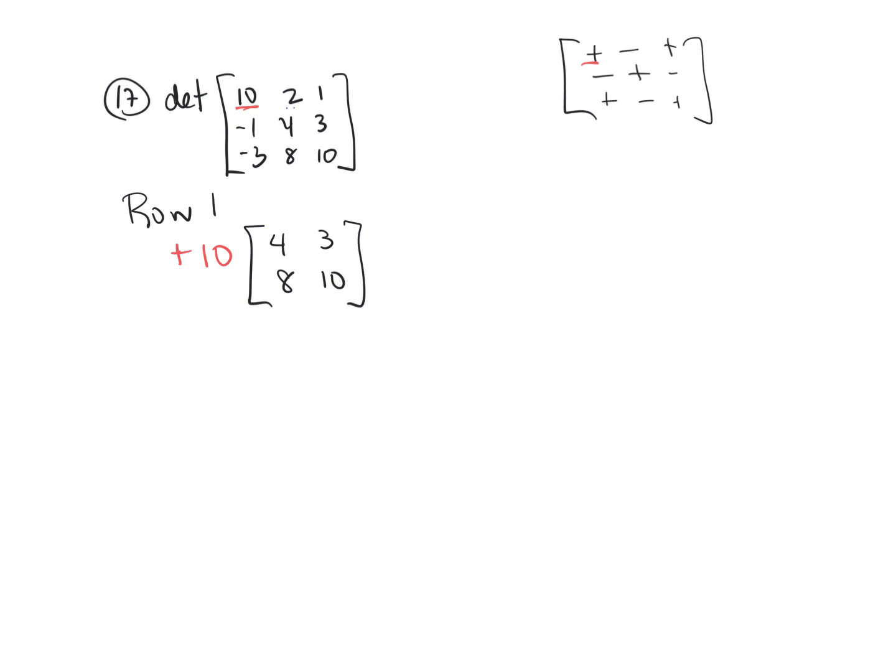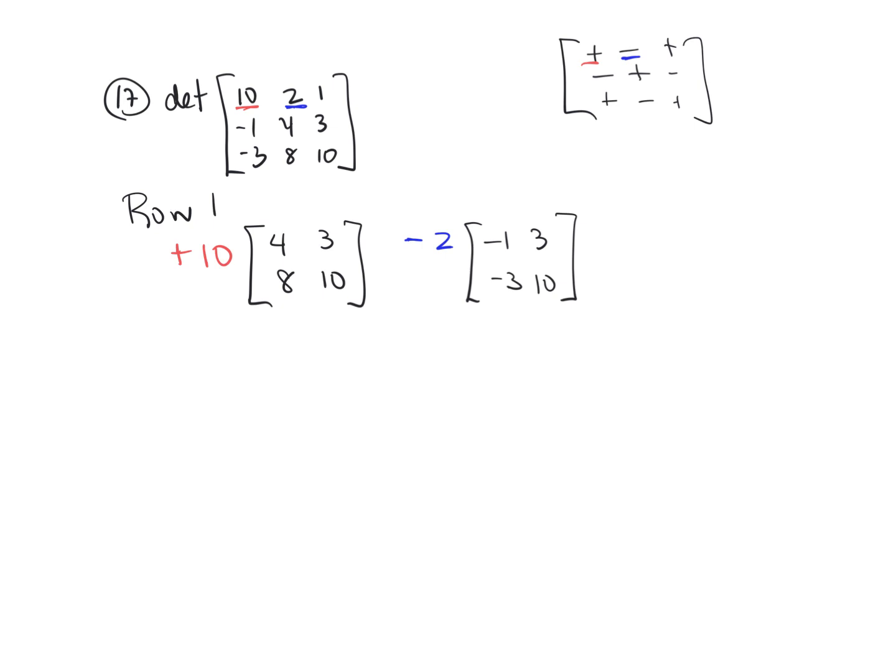Sticking with row 1, I'm going to have the 2 here, and I will have a negative sign in front of that from my sign matrix. If I cross out row 1, column 2, I have negative 1, 3, negative 3, 10.